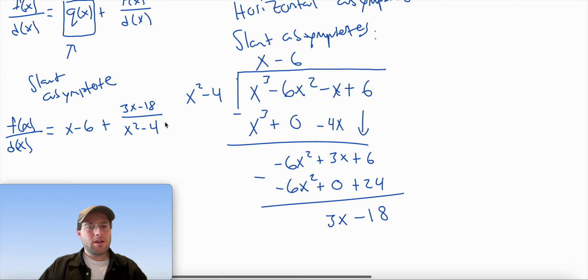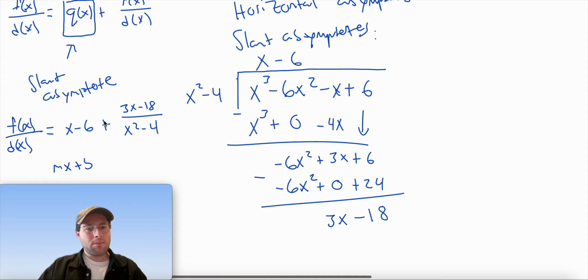Now the reason that we get a slant asymptote here is because we can think of this first part as being in the form of mx plus b, the equation of a line in slope intercept form.